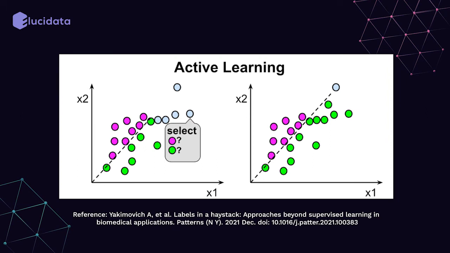So as you mentioned before, active learning is also one of the approaches that can be used, and it is a special case of machine learning where the learning algorithm can interactively query a user to label new data points with the desired outputs.